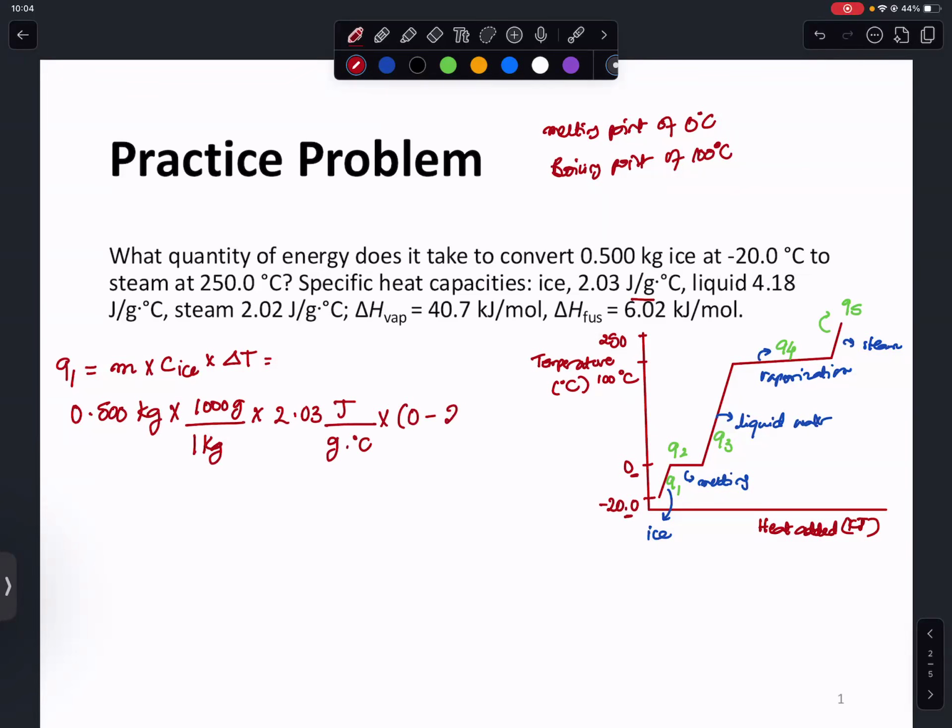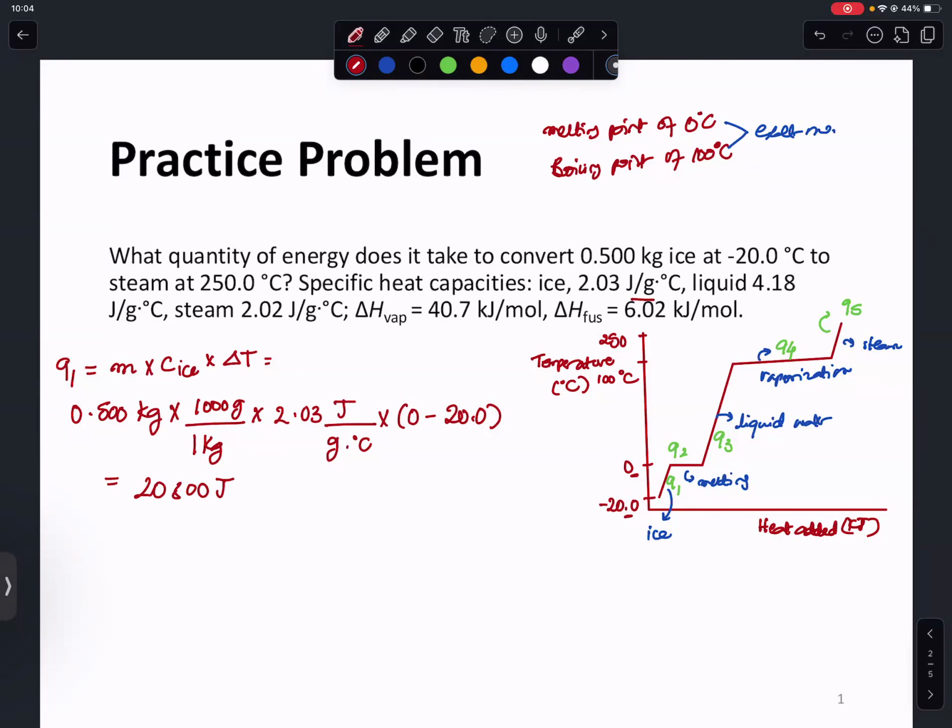The change in temperature now is, we started at -20, we ended up at 0, so it's final, which is 0 minus negative 20.0. Now note that this 0 and any number that you make up are exact numbers when we're dealing with sig figs. And we have here, the answer is going to be 2,300 joules. All right, and then let's count our sig figs.